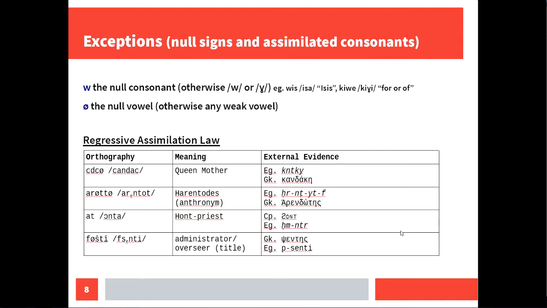So Meroitic worked around this by including two null signs.